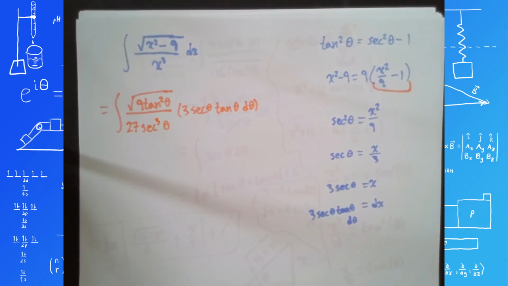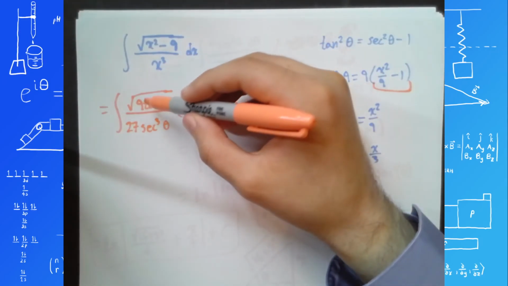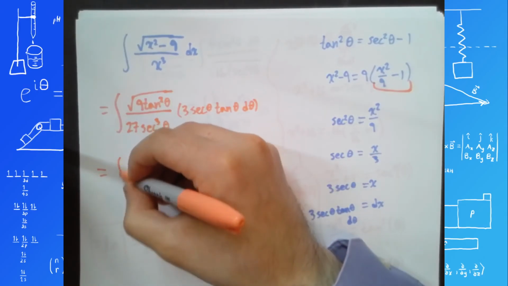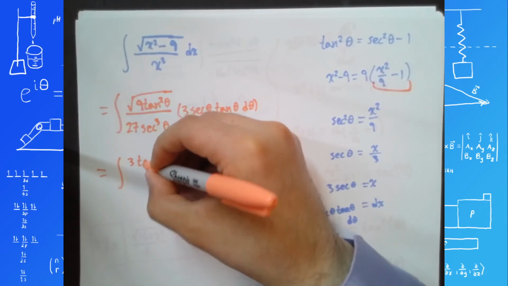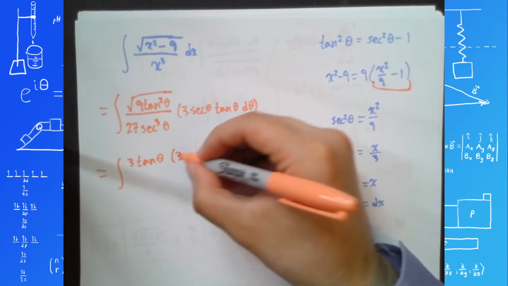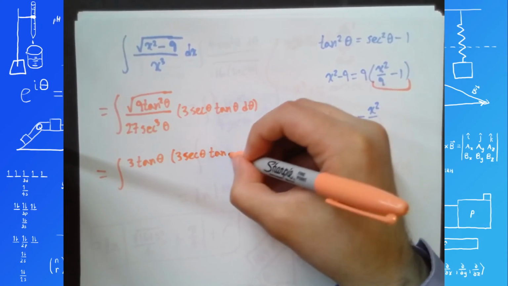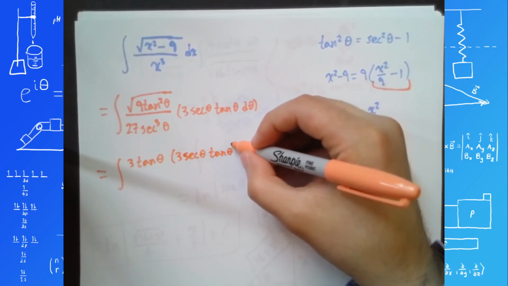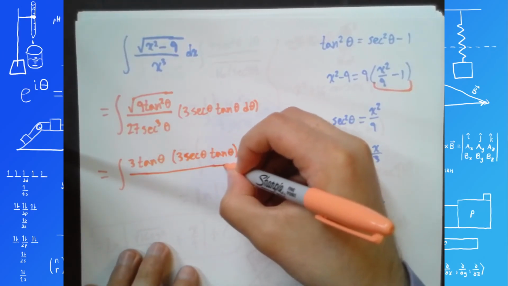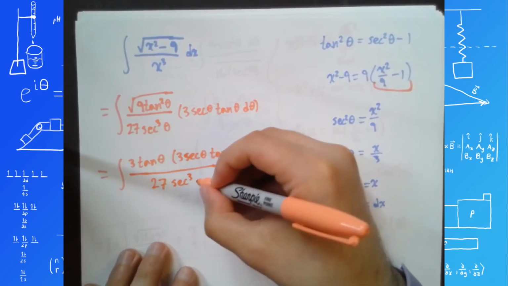Okay, we've got some simplifying to do. So square root of 9 tan squared theta is just going to become 3 tan theta. So we've got 3 tan theta, and then times 3 secant theta tan theta d theta over 27 secant cubed of theta.